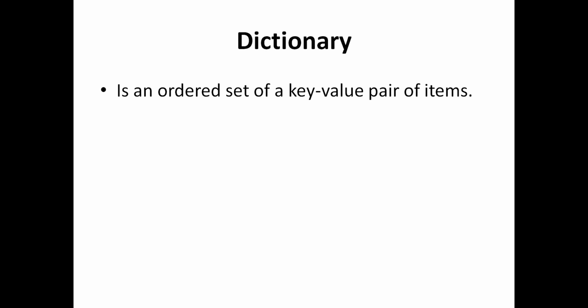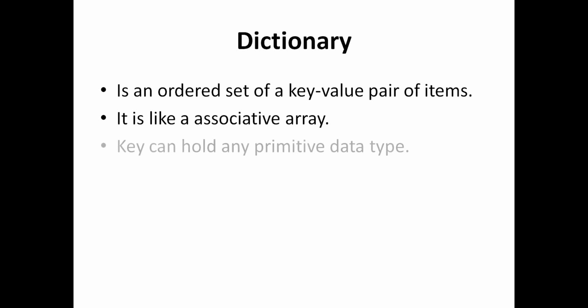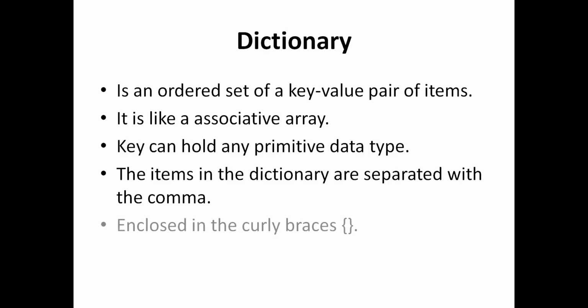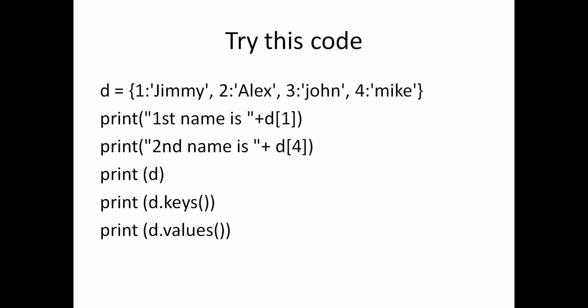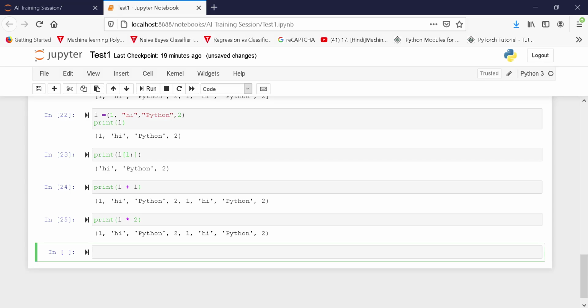The items in the dictionary are separated with commas and enclosed in curly brackets. Remember that in a dictionary we use curly brackets, in a list we use square brackets, and in a tuple we use round brackets. That's the difference. We'll try this code in our Python shell.